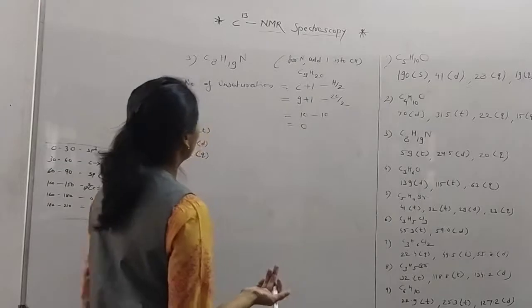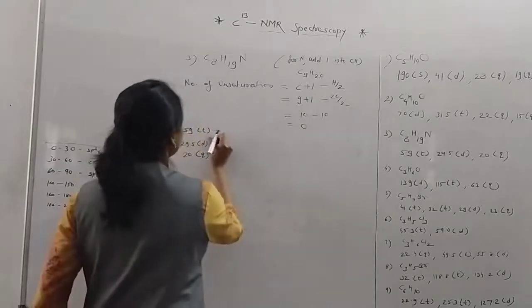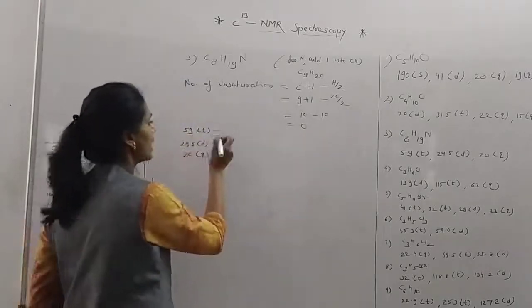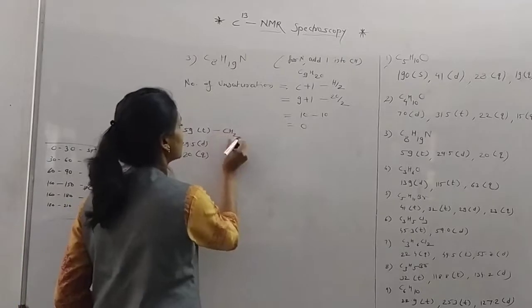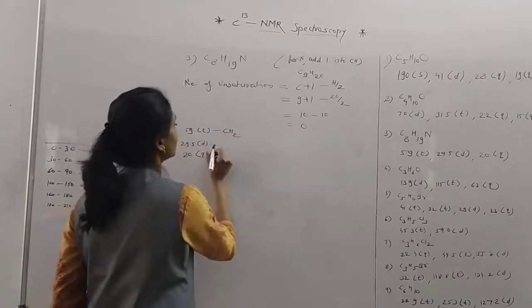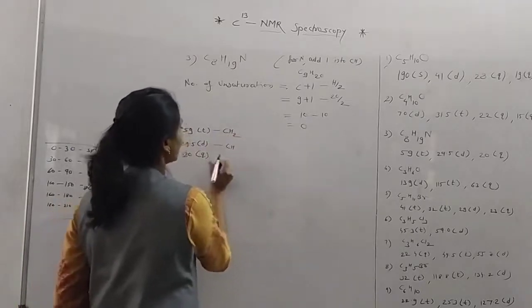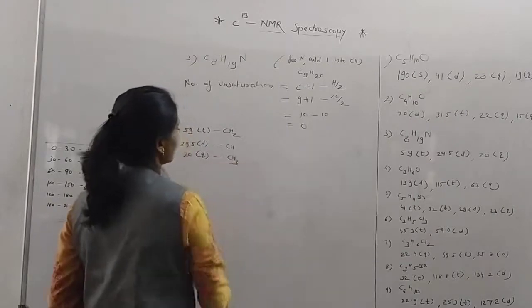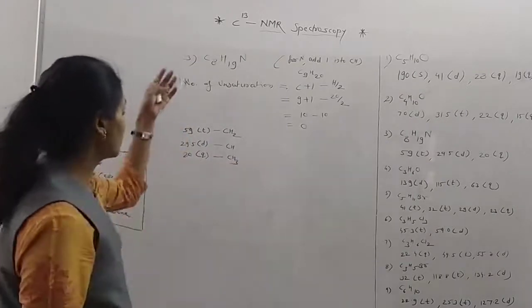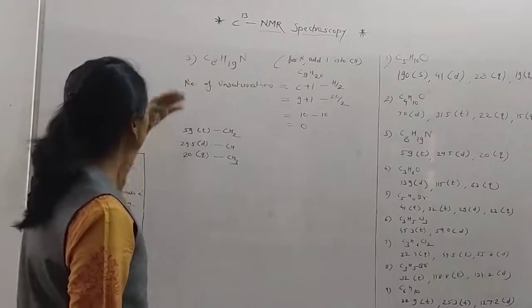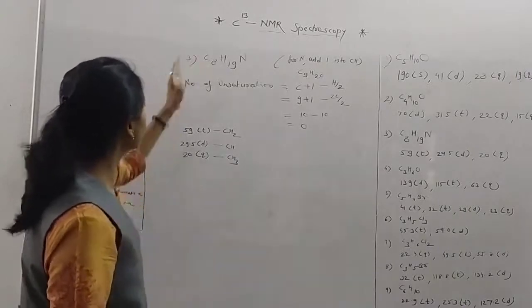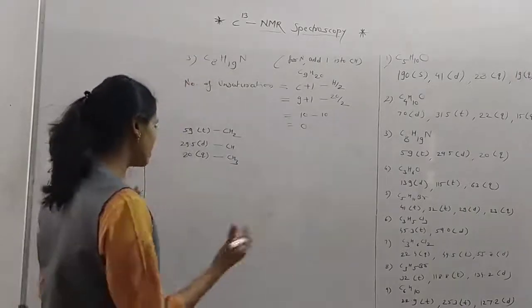So as there is a triplet, there is CH2, doublet means CH, and quartet means CH3. There are 3 signals and 8 carbon atoms, so symmetry is there.